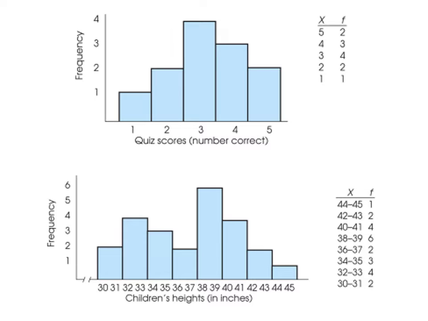Here is an example of a grouped distribution. We can represent our data in a histogram. This graph is basically called a histogram. Here you have also seen different examples of x and frequency: 5, 4, 3, 2, 1. Below you also have the grouped frequency distribution.